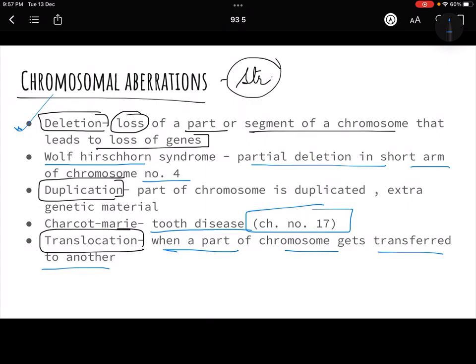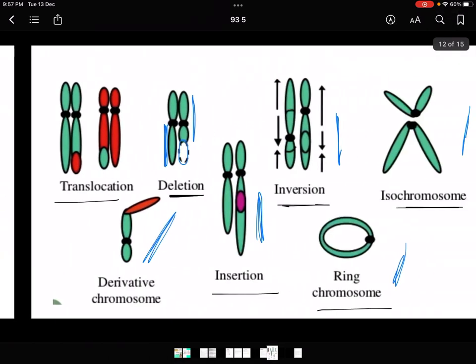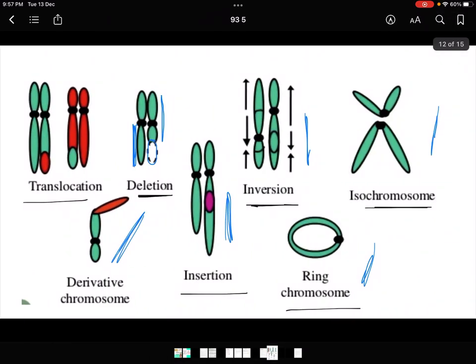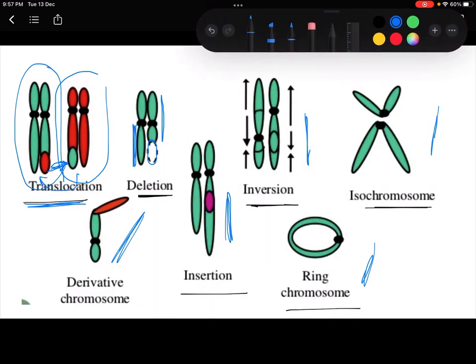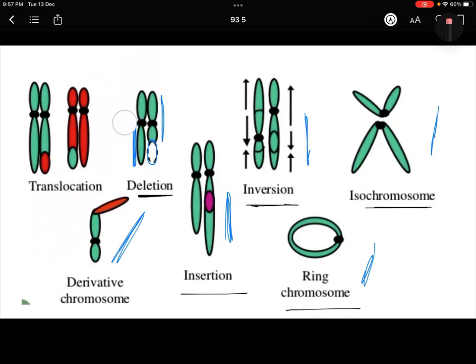So in translocation what happens is there is a portion that gets translocated to some other chromosome. For example, you can see this is translocation. There were two chromosomes, but some material of this transferred to this and some material of this transferred to this. So this is also called a balanced translocation.